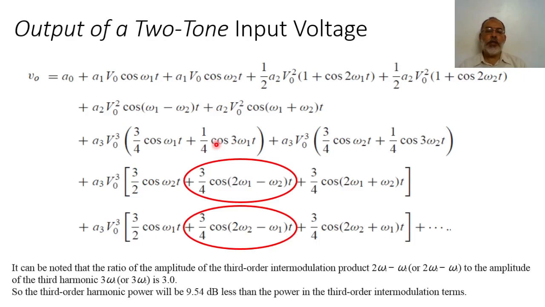By taking 20 log the ratio 3, we can find out the power ratio is 9.54 dB. So the third harmonic is less than the third order intermodulation by 9.54 dB in the ratio of power.